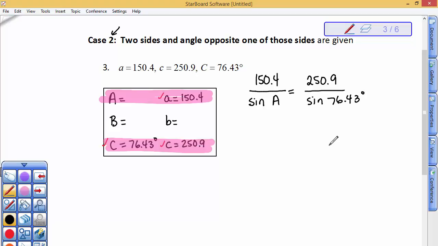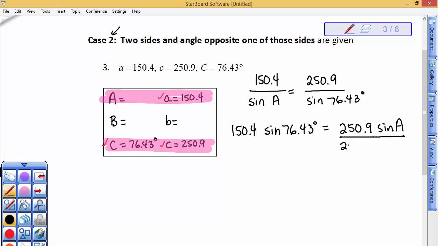I'm going to show you the algebra again this time. Set this cross product, 150.4 times the sine of 76.43 degrees, equal to this cross product right here, which is 250.9 times the sine of angle A. To get the sine of angle A alone, I'm going to divide both sides by 250.9.